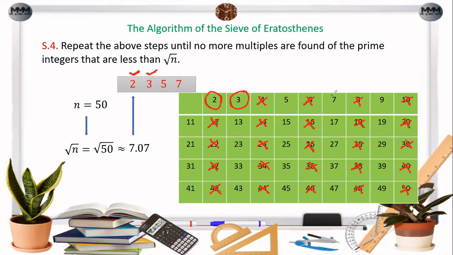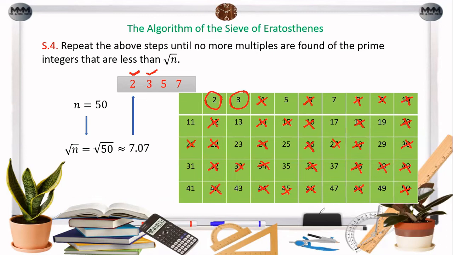For multiples of 3, we have 6, which is crossed out already, 9, 12, 15, 18, 21, 24, 27, 30, 33, 36, 39, 42, 45, and 48. Those are multiples of 3.